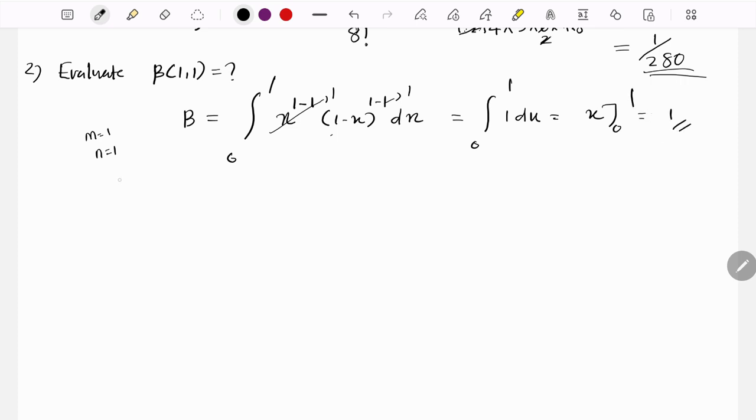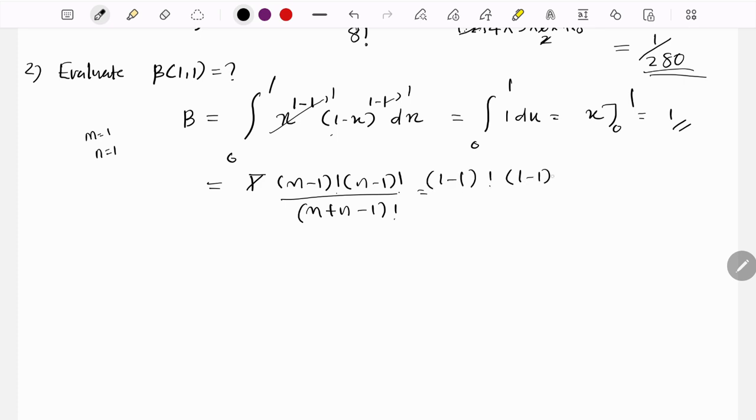Okay, or otherwise you can do it like this: gamma of m minus 1 factorial into n minus 1 factorial divided by m plus n minus 1 factorial, that is 1 minus 1, here also 1 minus 1 factorial, divided by m plus n minus 1, that is 1 plus 1 minus 1, 2 minus 1 factorial.